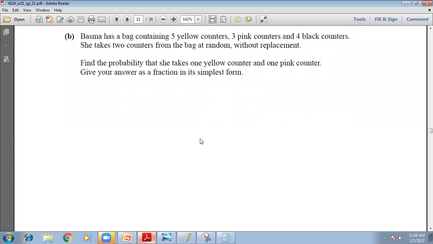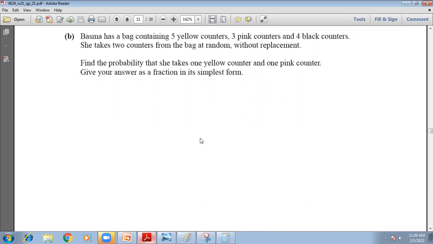Now we are going on to the next one. So it says Basma has a bag containing 5 yellow counters, 3 pink counters, and 4 black counters. She takes 2 counters from the bag at random without replacement. Now she will not replace them. Find the probability that she takes 1 yellow counter and 1 pink counter.